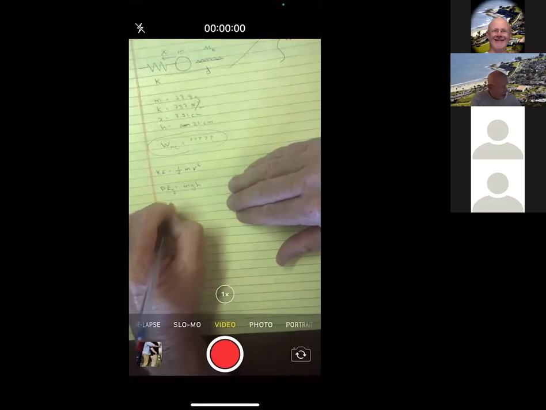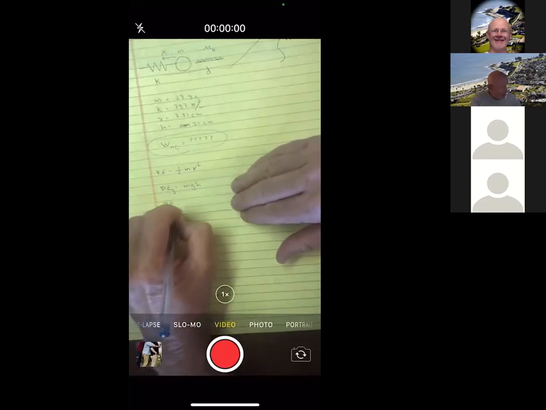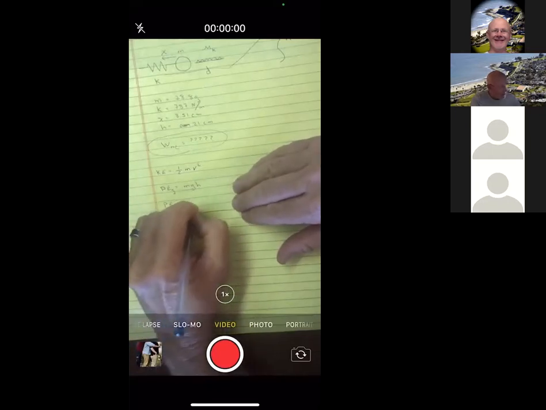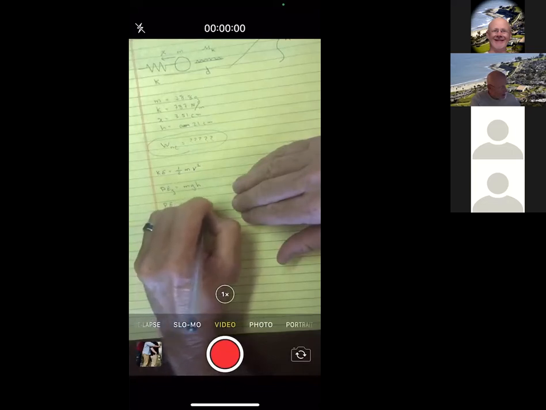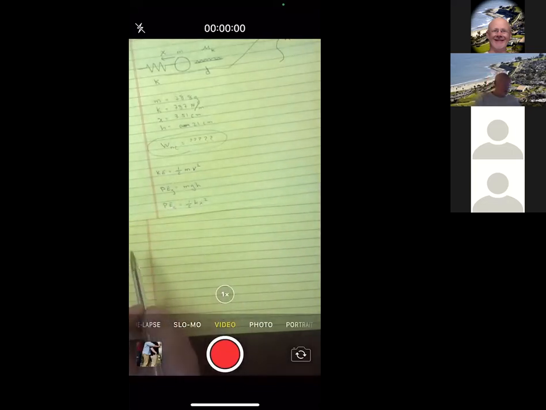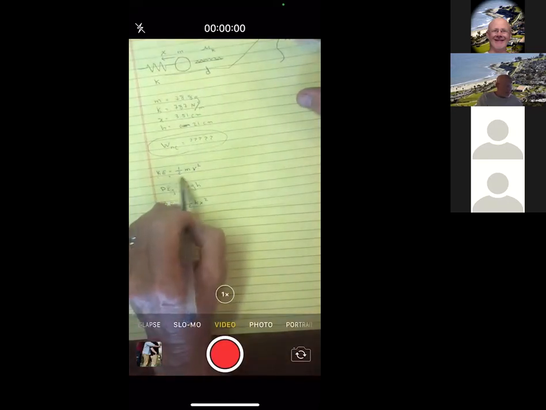And I'll also put a formula that we call the elastic energy of our spring. So I'm going to need these 3 in the problem. Okay, actually, I don't even think I'll need this one, but let's see.